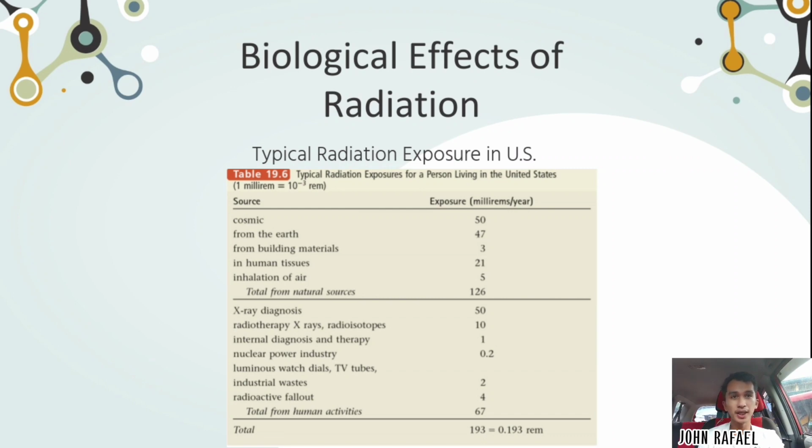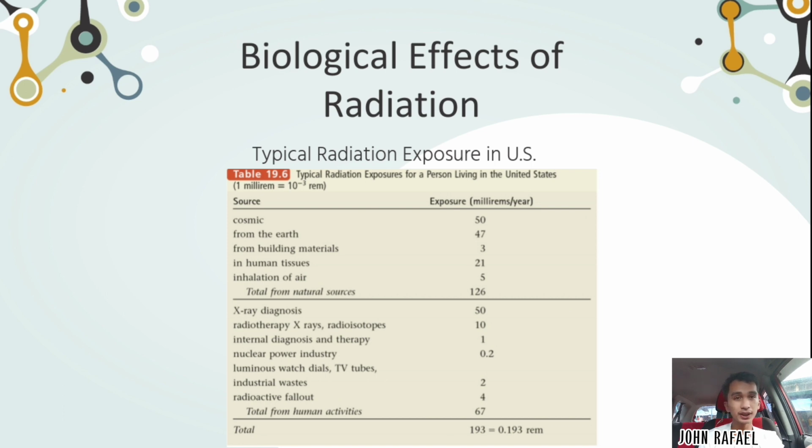Biological effects of radiation. Typical radiation exposure in the US. Typical radiation exposure for a person living in the United States. So 1 millirem is equal to 10 raised to the power of negative 3 rem. So the source and the exposure. The source, cosmic, has 50 exposure.